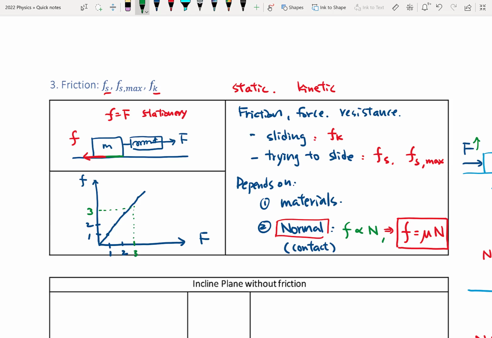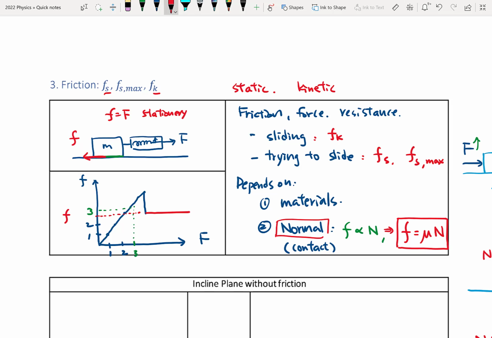But then suddenly the object starts to move, and you feel the force drop. There is a sudden drop. This one I can draw in red.